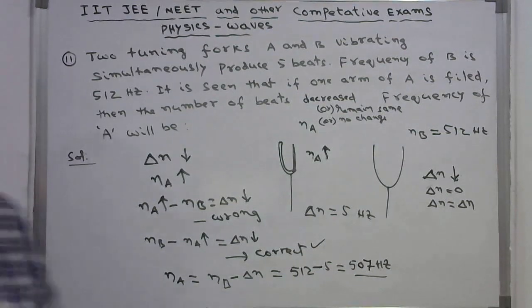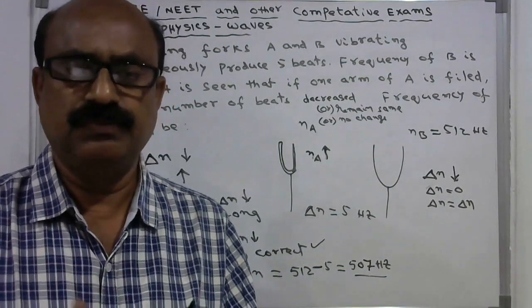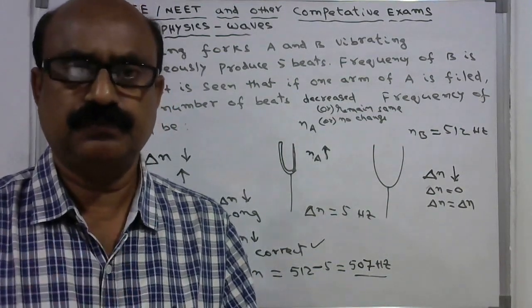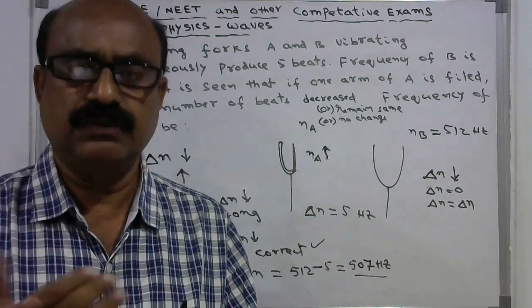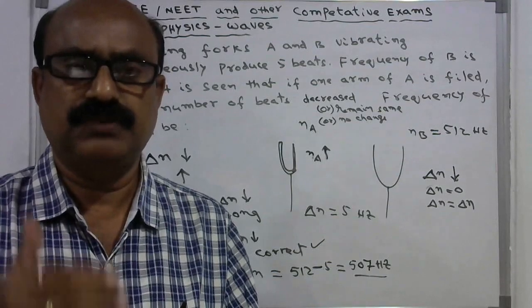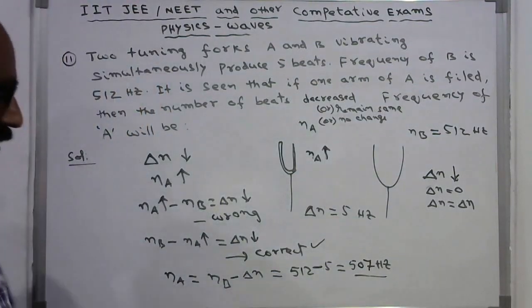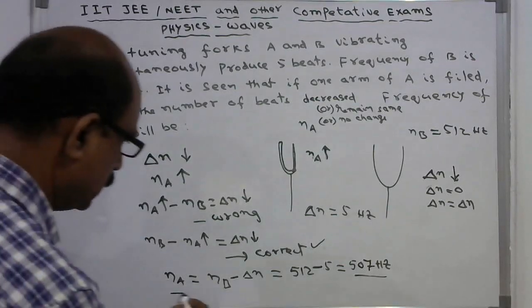So on filing the unknown tuning fork, if beat frequency decreased, becomes equal or becomes 0, you have to subtract the beat frequency from the known frequency. This is the formula you have to remember.